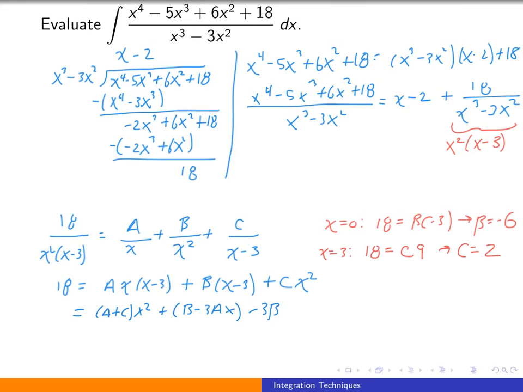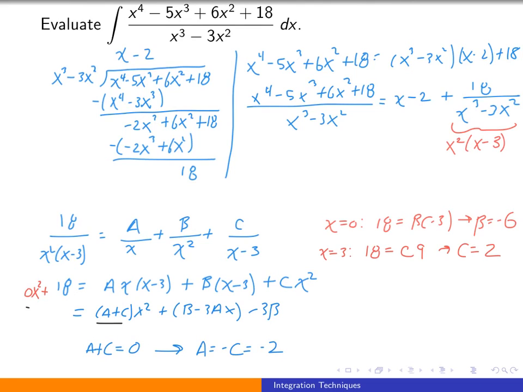And if we equate the coefficient of x squared on the left and the coefficient of x squared on the right, on the left, whether we have it written down or not, there's really a 0x squared. So we know that 0 on the left has to be equal to A plus C for the coefficient on the right. So A plus C equals 0 tells us that A is equal to minus C, which is equal to minus 2.